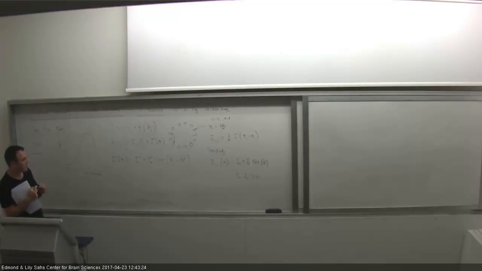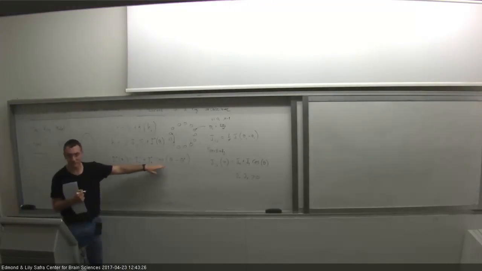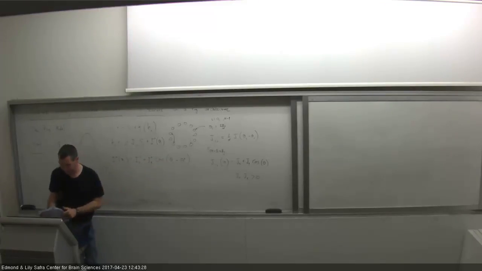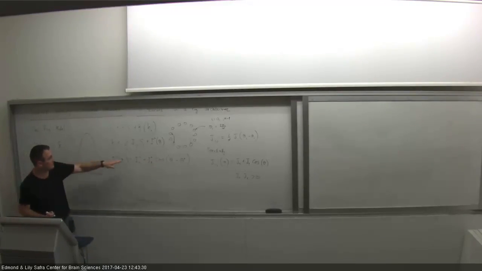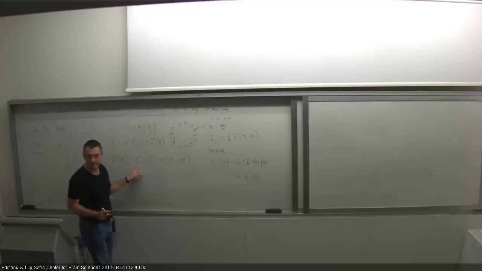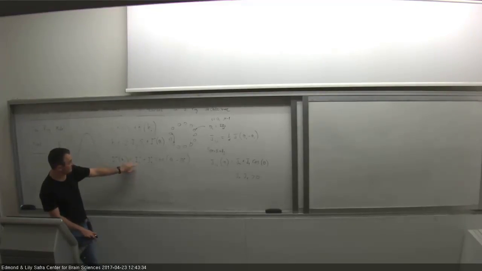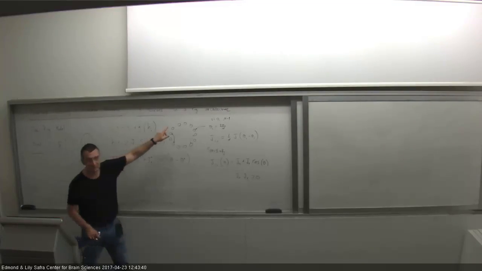So let's try and understand this term. All neurons receive an external input, I0, but this external input differs between the different neurons.